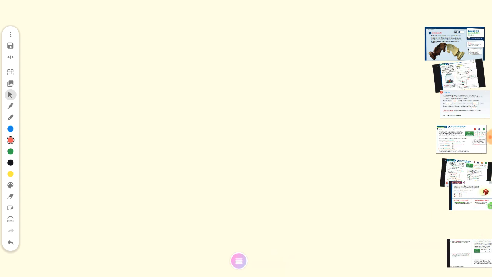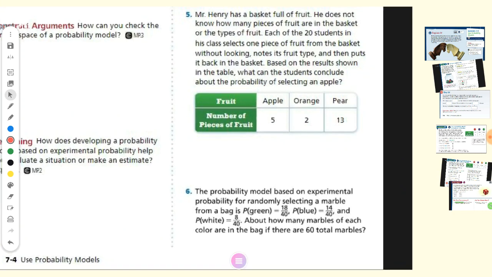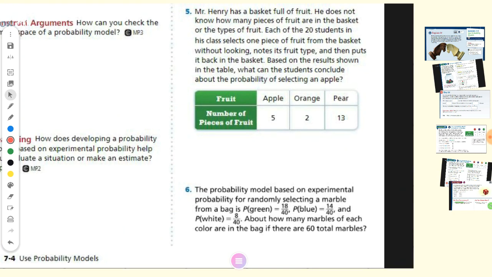Okay. Last. Mr. Henry has a basket full of fruit. He doesn't know how many pieces of fruit are in the basket or the types of fruit.